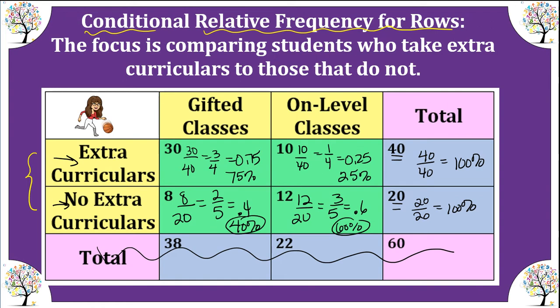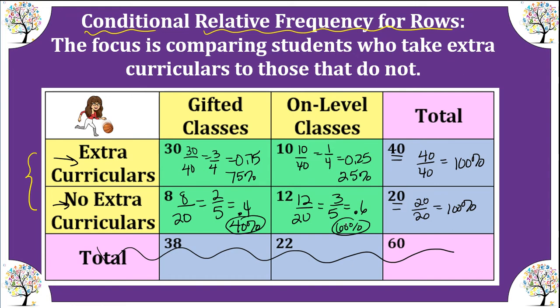So let's just back up and look. So those that take extracurricular, 75% have gifted classes. So I could assume that if you take extracurricular, you are pretty likely to have a gifted class. Now let's look at no extracurriculars. For those that do not have any extracurriculars, 40% have gifted classes and 60% have on level.